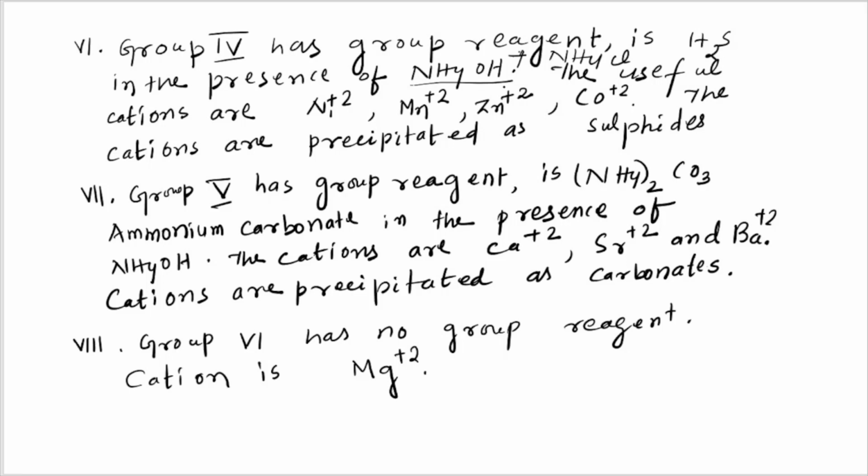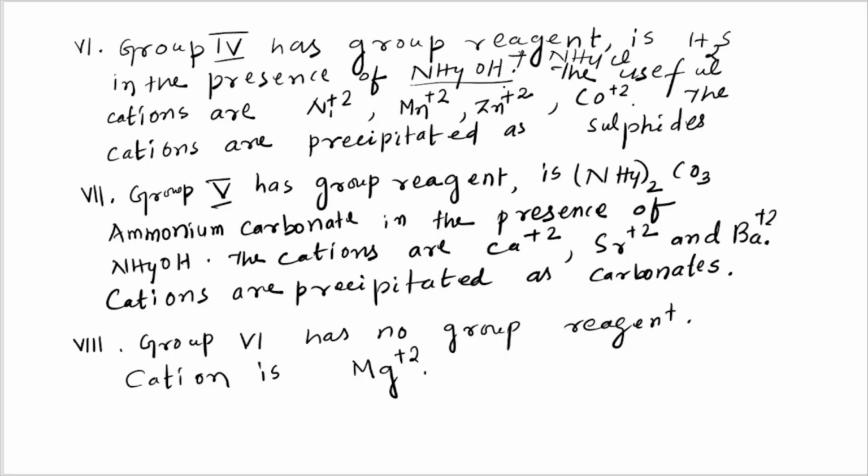These all belong to the same group, and the precipitates are carbonates. All are white in color, the same type of precipitate, a white precipitate.